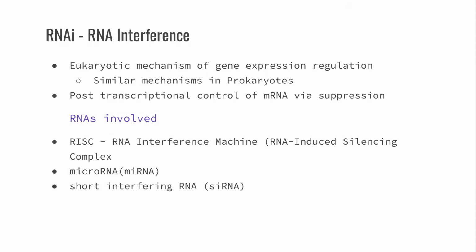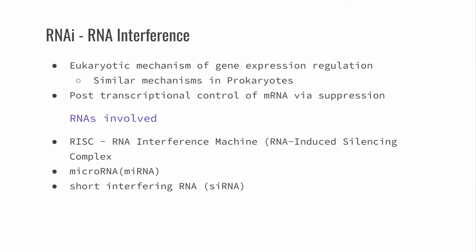Okay, so going into RNA interference, this is a eukaryotic mechanism of gene expression regulation, and there are similar mechanisms in prokaryotes. It is post-transcriptional control of mRNA via suppression, so after the DNA has been transcribed into mRNA.